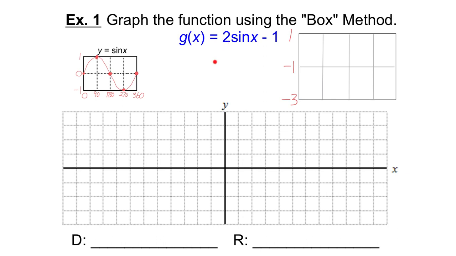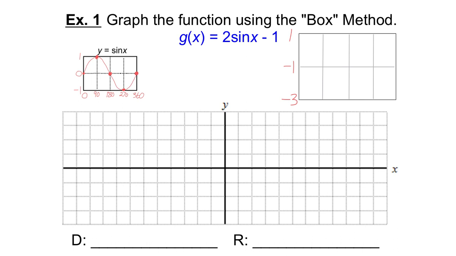A for amplitude. That's another shortcut. If the amplitude is 2, that means I'm going to go up 2 from my central axis and down 2 from my central axis. This tells me what my maximum and minimum values are for this function. So just to recap, c value tells you the central axis. A value tells you the amplitude, which you use to figure out the maximum and the minimum values.